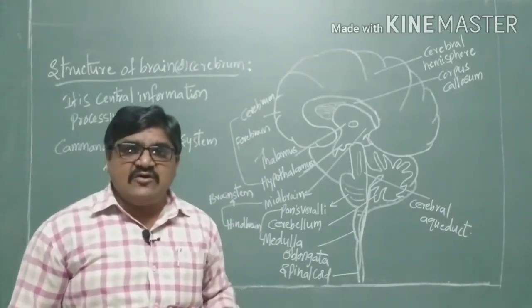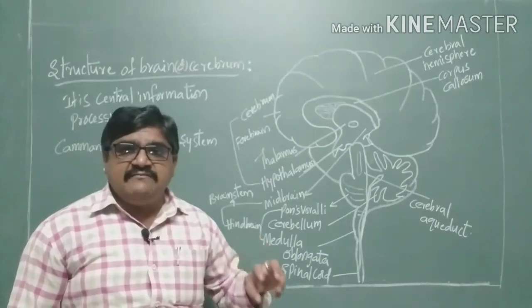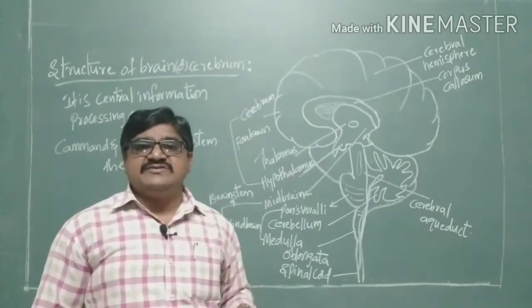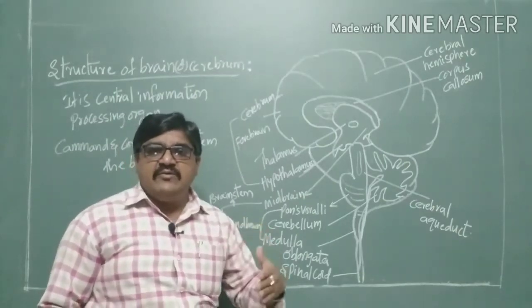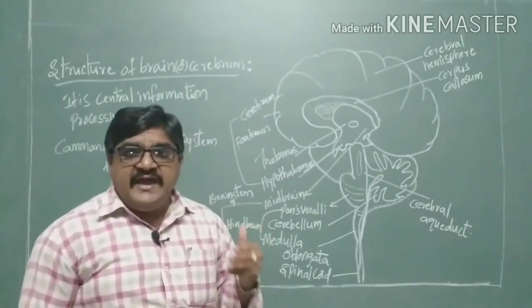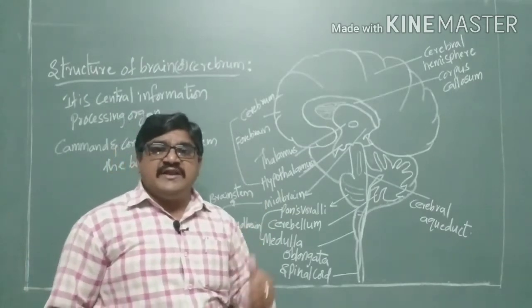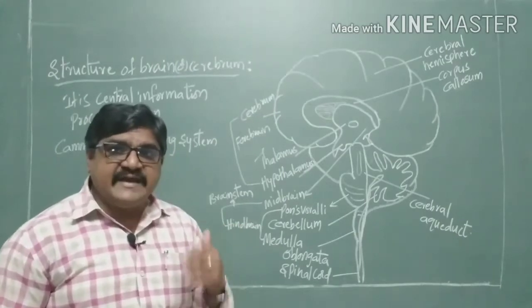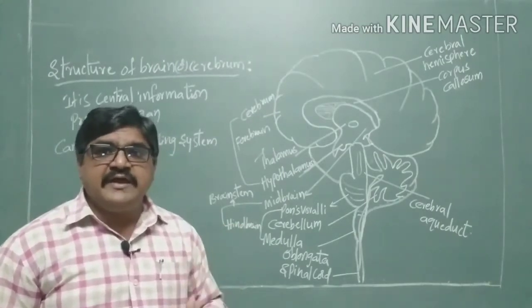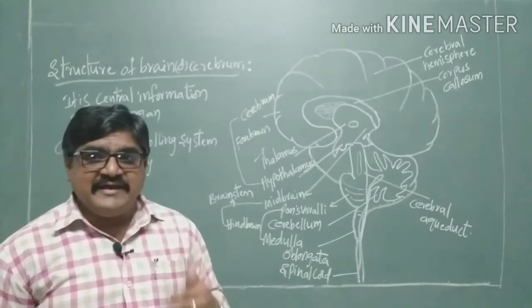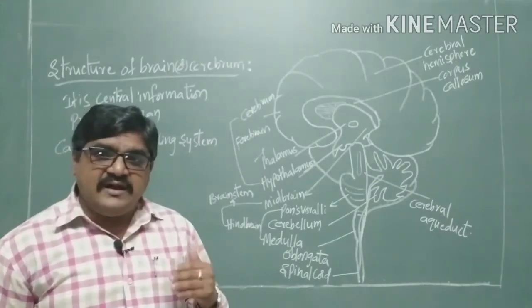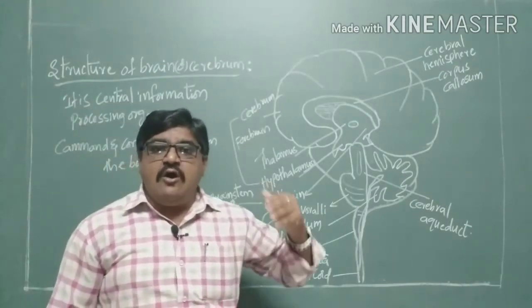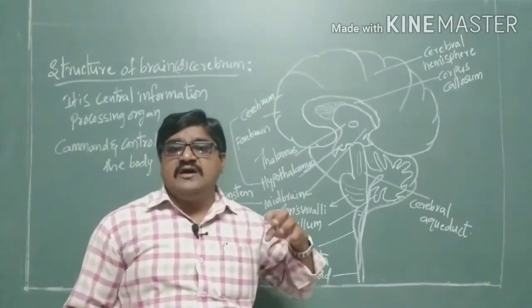All information passes through the brain, whether voluntary or involuntary actions, so the brain is called the central information processing organ.